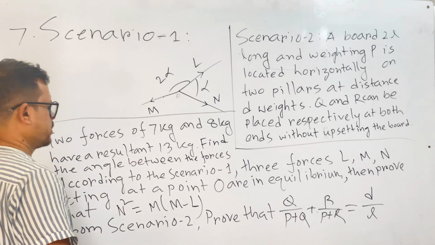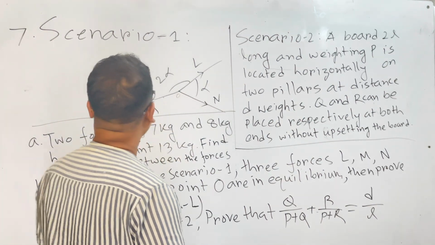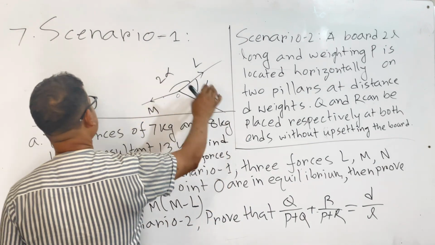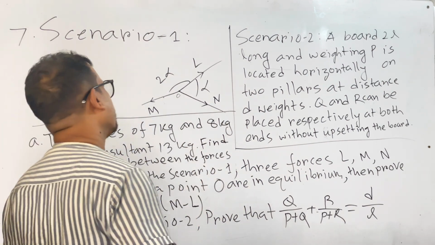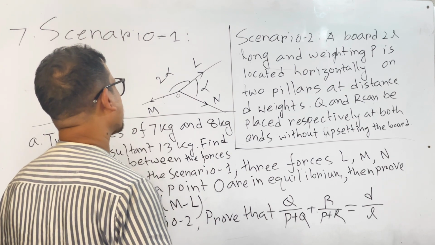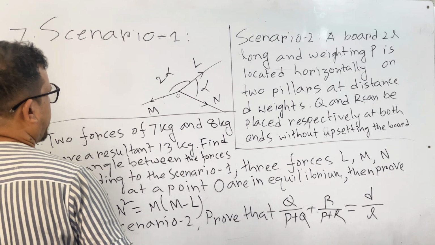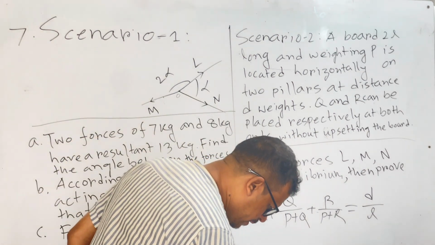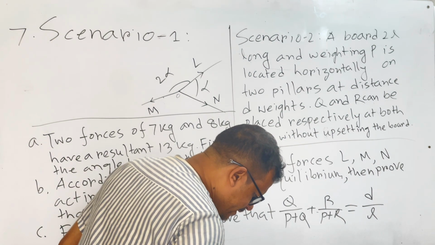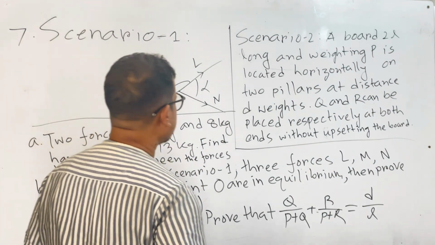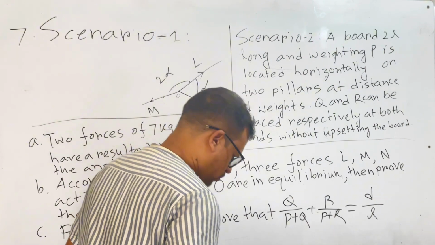From scenario 2, prove that Q by P plus Q, plus R by P plus R, equals D by L. In scenario 1 there are two angles, alpha and 2 alpha, and three forces L, M, N. And in scenario 2, there is a board of length 2L and weighing P, located horizontally on two pillars at a distance D, where Q and R can be placed respectively at both ends without upsetting the board.